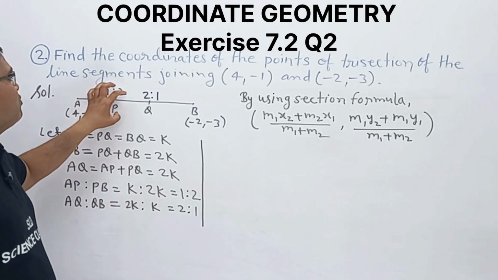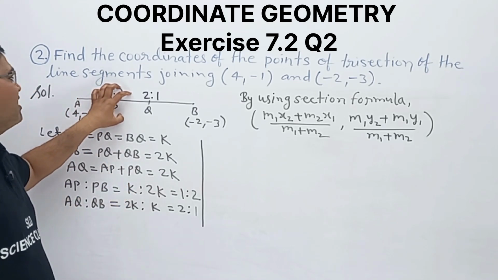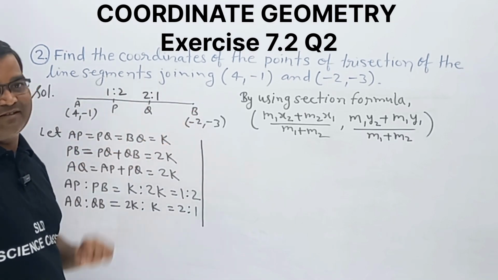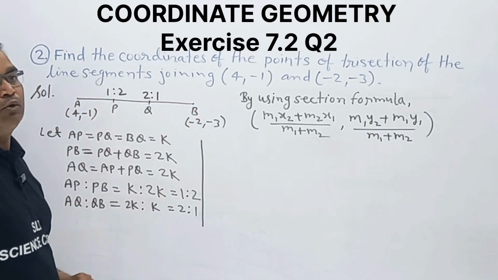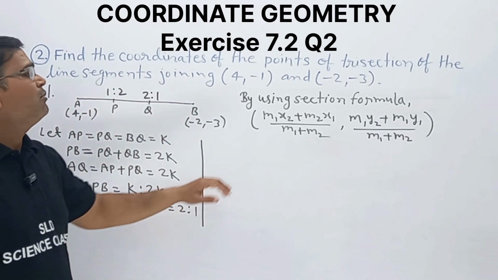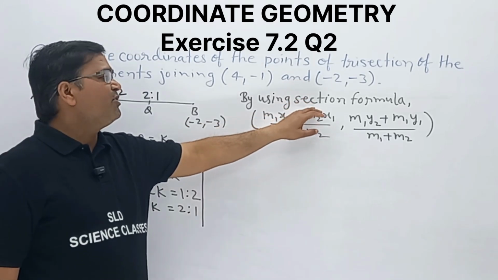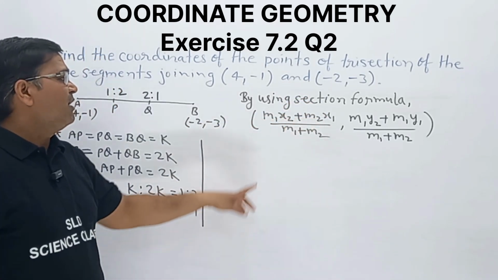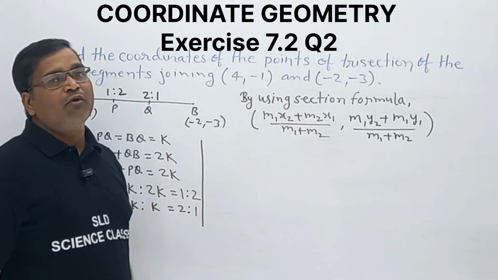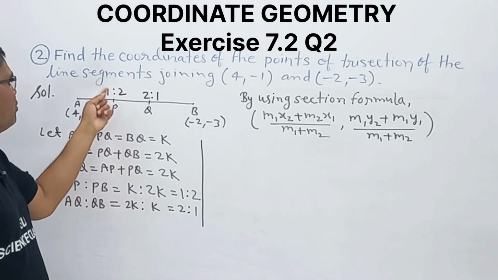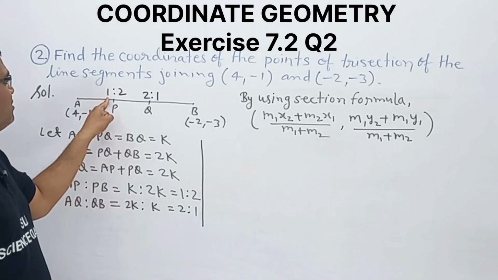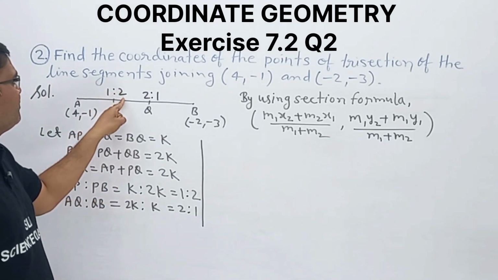Now, once we are having the line segment coordinates and the ratio, we will use the section formula, in which m1 and m2 are the ratio, m1 is to m2.